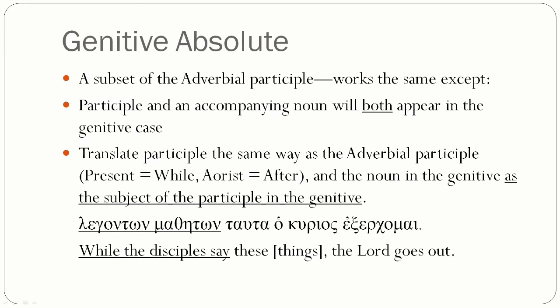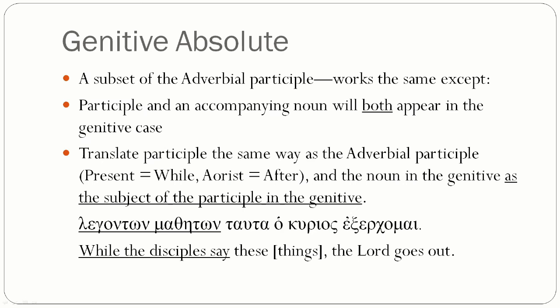Again, very easy to recognize. The genitive ending there is omega nu, and so you can definitely see that those are both genitive. All right, the genitive is not associated with anything else in the sentence, and so you have a genitive absolute here. Look at legonton. The tense of that is present tense, so we're going to translate while.